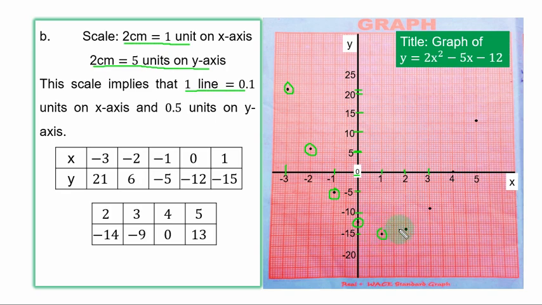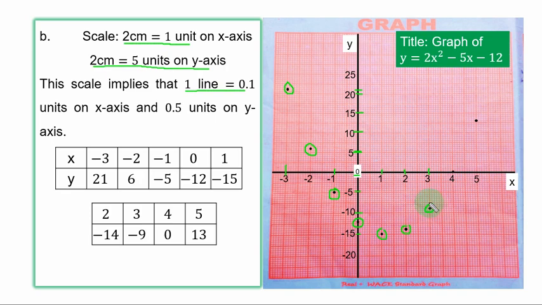When s is 2, y is minus 14. You are coming up, so you have 2 lines before 15, which is minus 14. When s is 3, y is minus 9. 2 lines before minus 10 is minus 9.